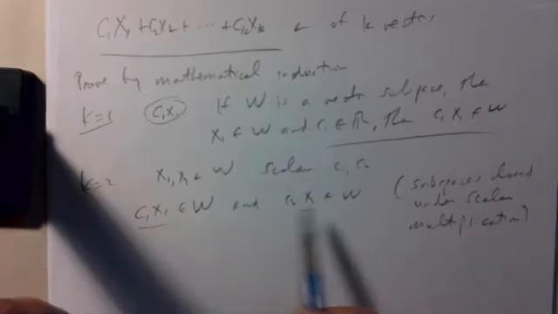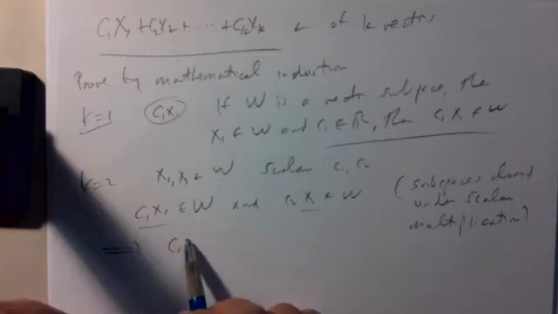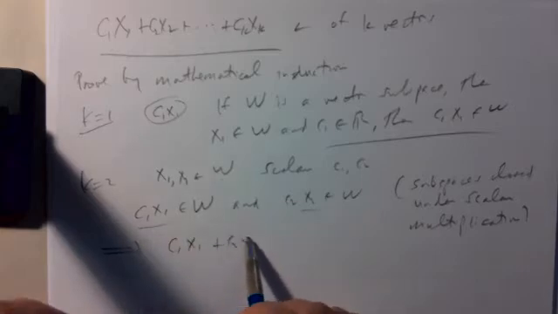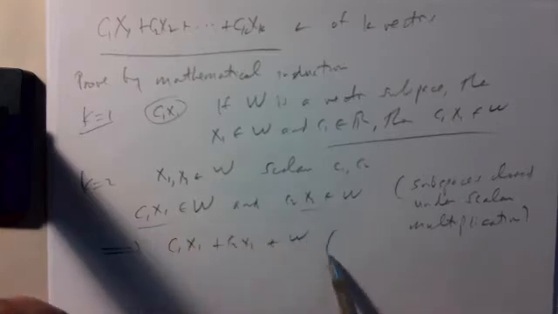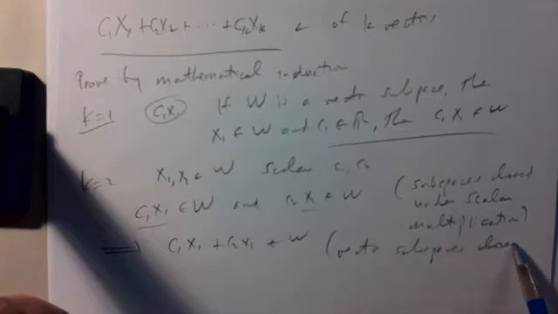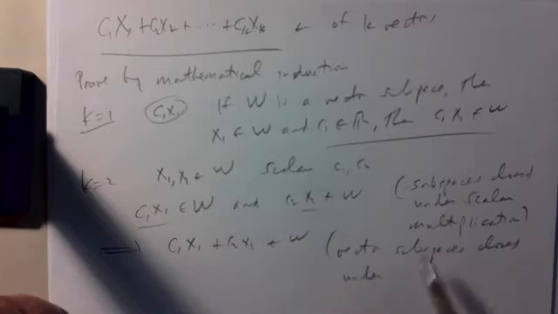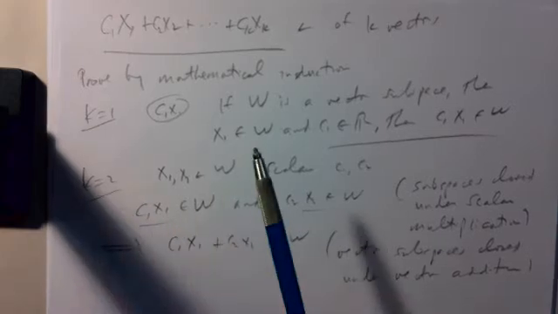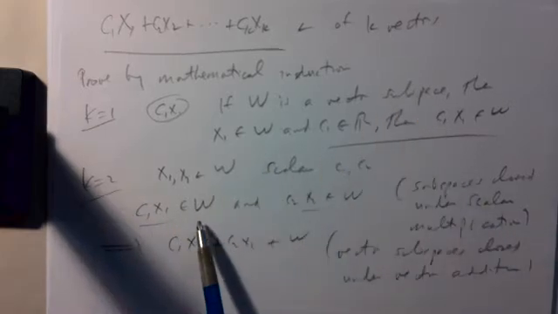But if these two vectors are in W, c1x1 plus c2x2 is in W, because vector subspaces are closed under vector addition. So that says that every linear combination of two vectors is in W.